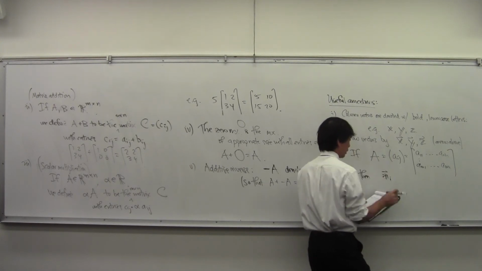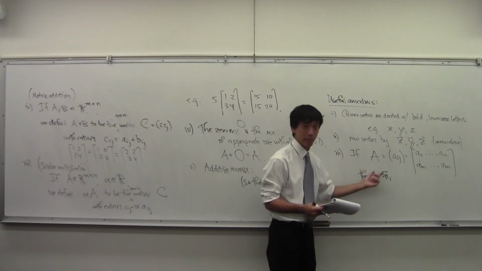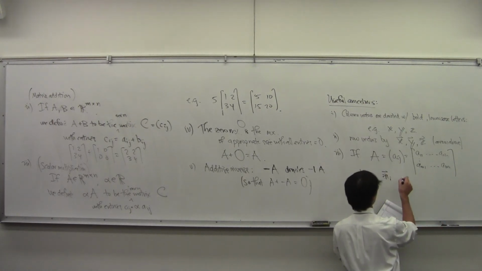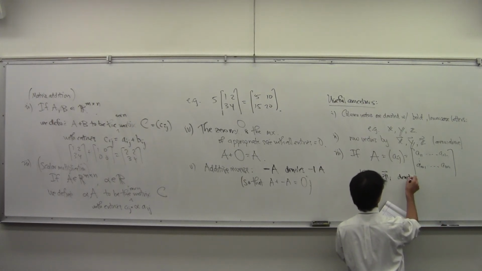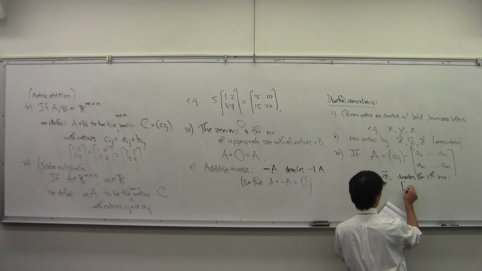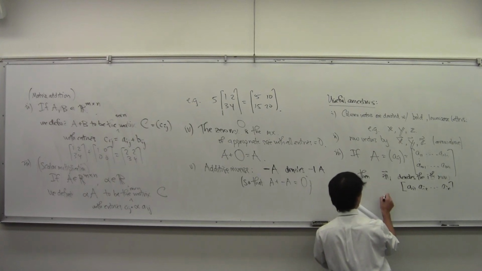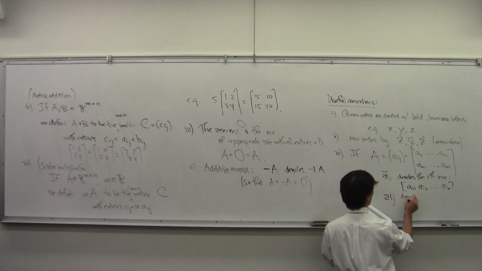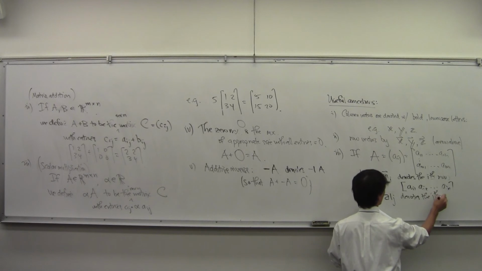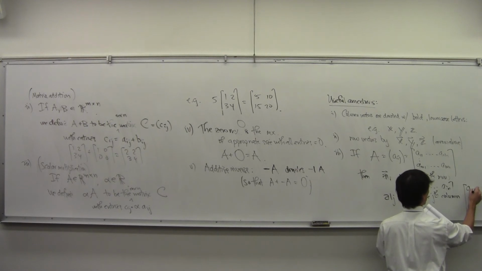A bold a_i with an arrow above it denotes the ith row, so that would be a_i1, a_i2, through a_in. And a_j with no arrow above it denotes the jth column, so that would be a_1j, a_2j, down to a_mj.